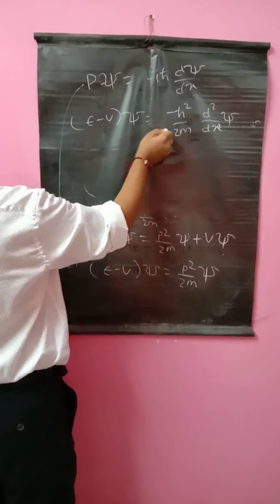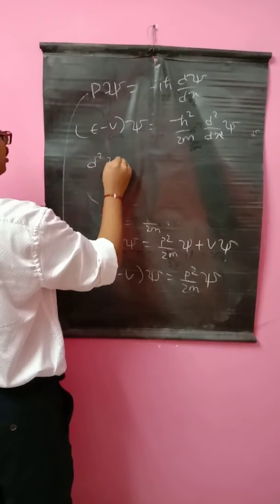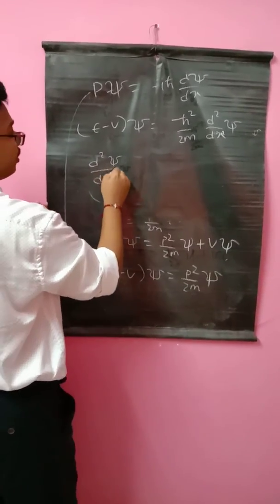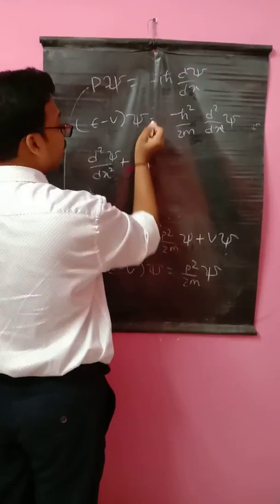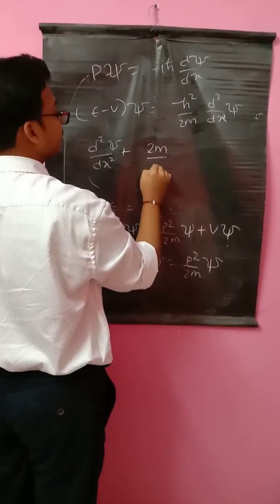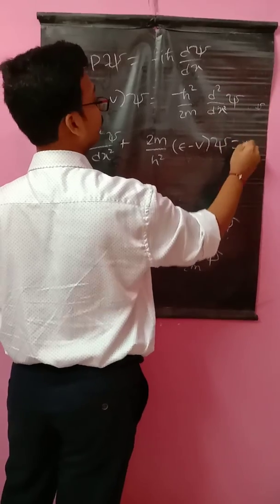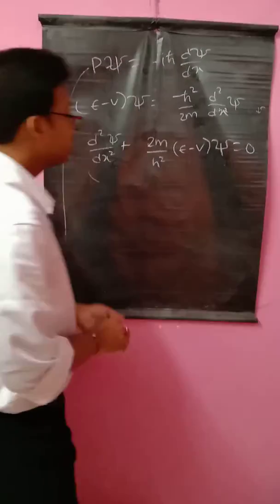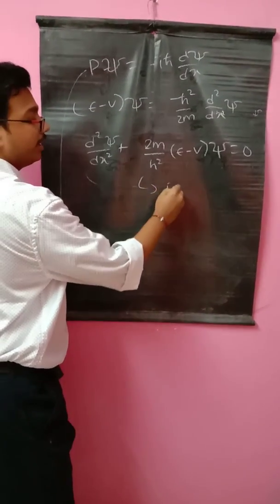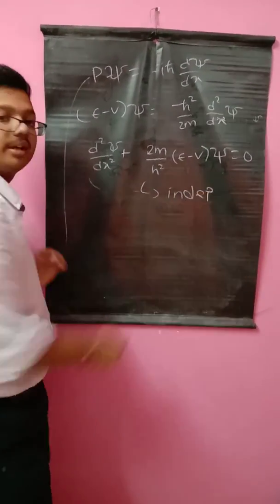On rearranging this, d square psi by dx square plus 2m by h bar square into (E minus V) into psi is equal to 0. This is the time independent equation derived by Schrodinger.